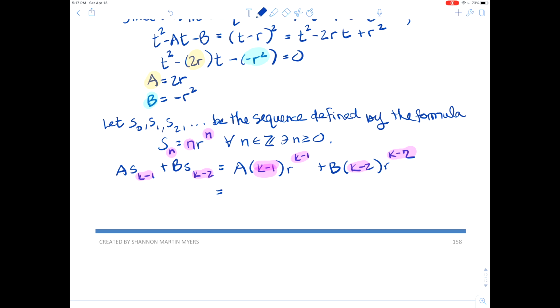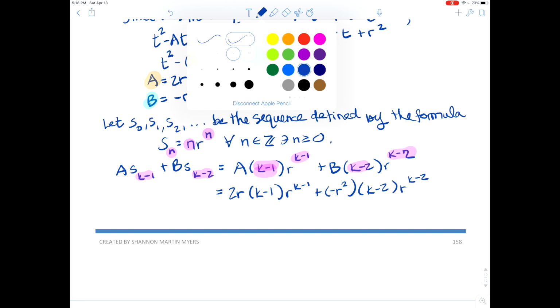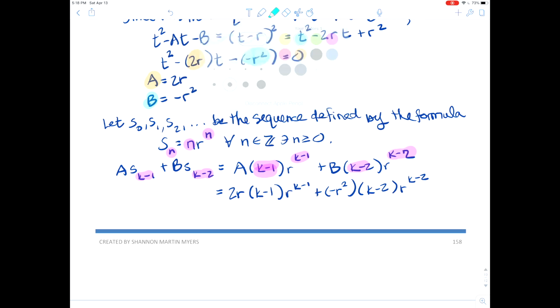This is going to be equal to what? Well, what was A? Beautiful. A was 2r, right? And so we'll have 2r times k minus 1 times r raised to the k minus 1. And B was? Awesome. Negative r squared. And then times k minus 2 times r raised to the k minus 2. So again, just so you can see what I plugged in here, I know it gets a little confusing.